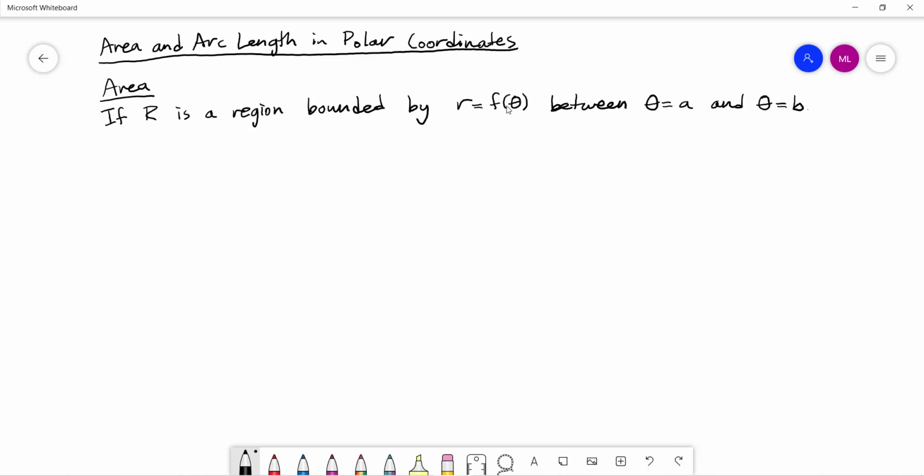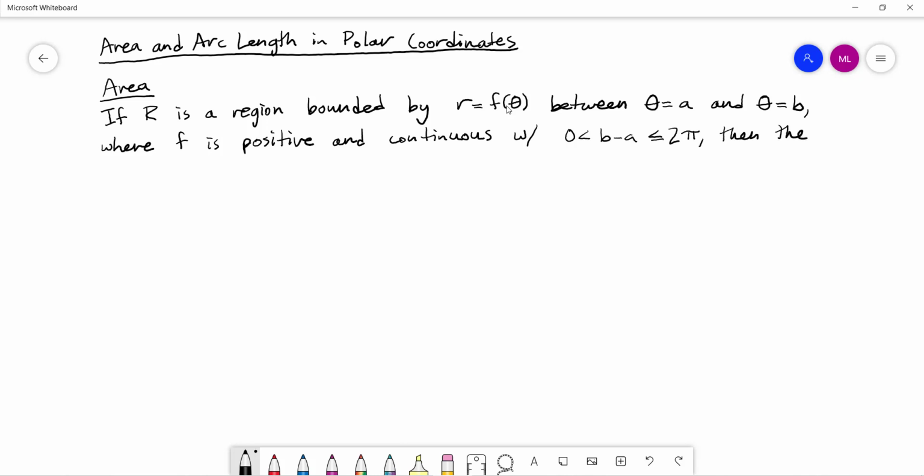So if this is the region where f, let's make sure that our f is positive and continuous, so that we don't have to worry about negative areas or anything like that, with 0 less than b minus a less than or equal to 2 pi, then the area of R is the following.